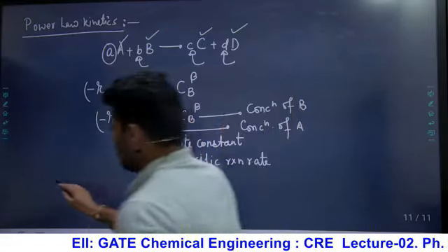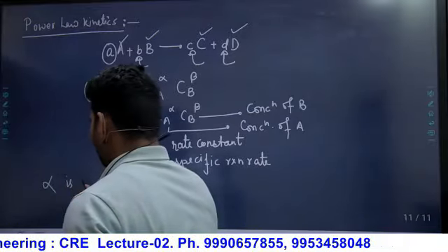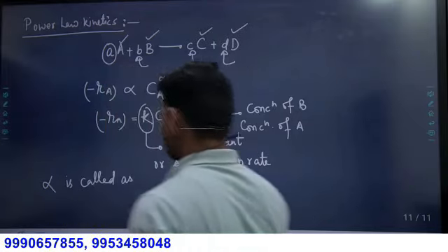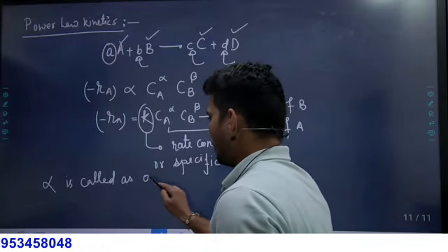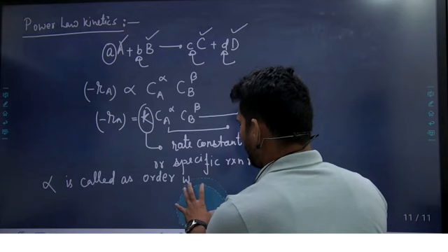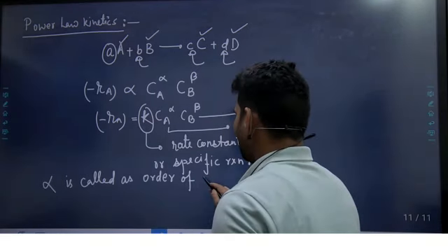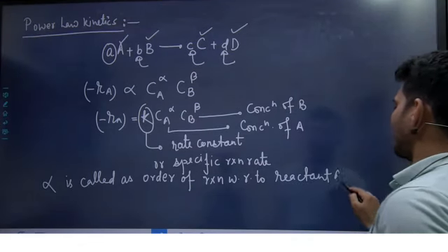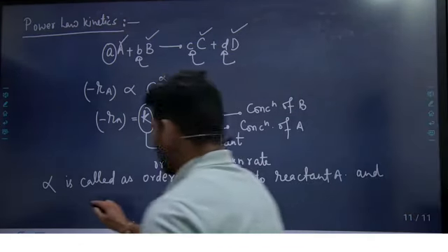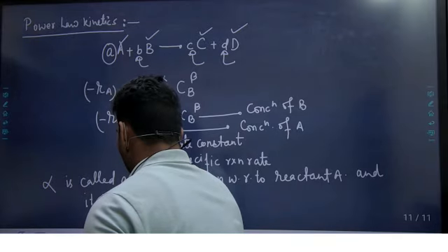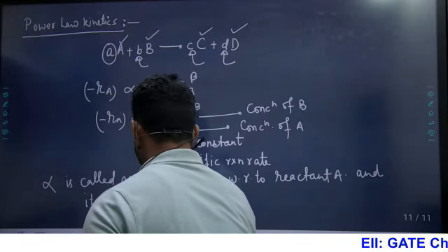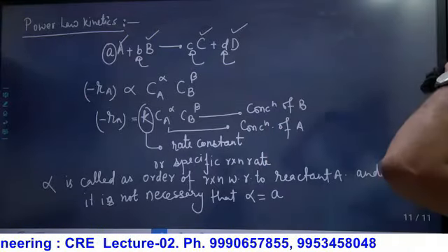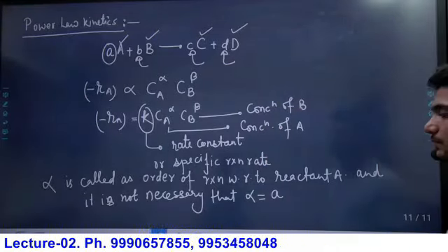Alpha is called the order of reaction with respect to reactant A, and it is not necessary that alpha will equal small a.